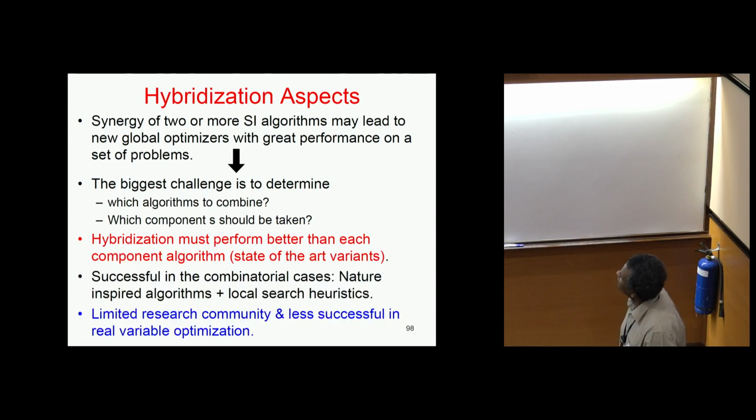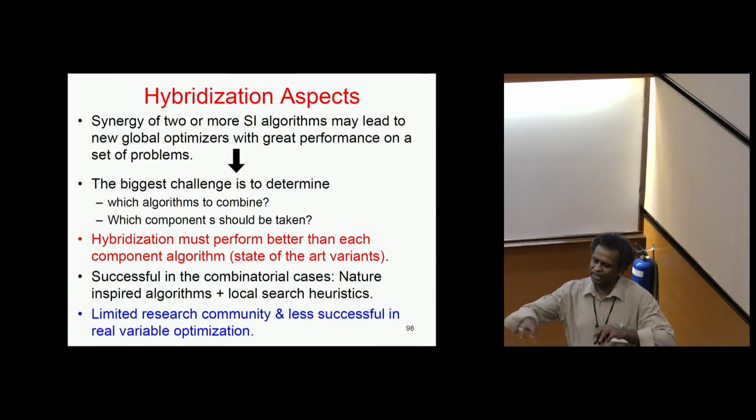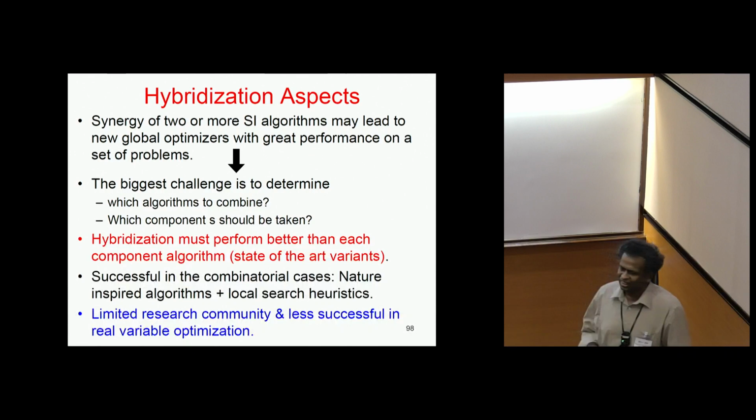Why I discourage hybridization for real variables is that if I review a paper where people hybridize 2-3 methods to come up with a new hybridized algorithm, I put one question: can you show that your hybridized version is better than the best versions of the algorithms you are putting inside the hybrid? Best version means don't compare with the 95 version or 2000 version. You compare with the 2015, 2016.